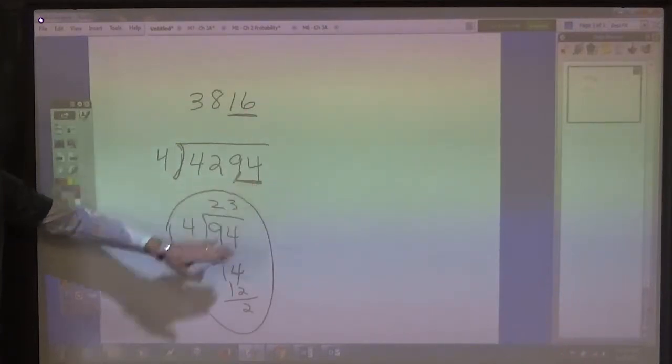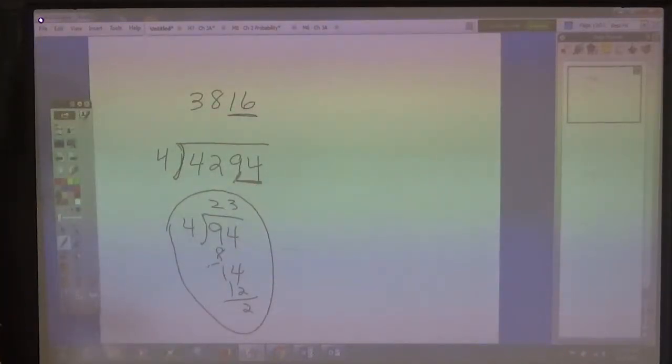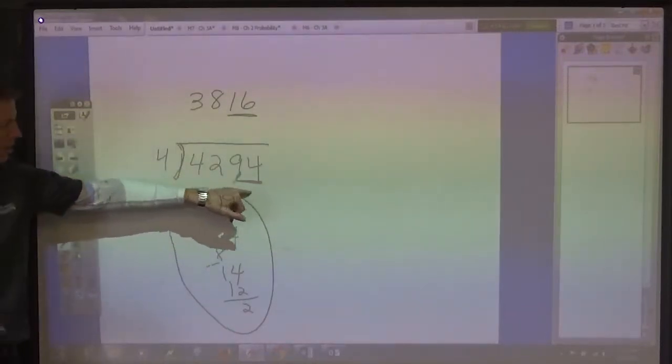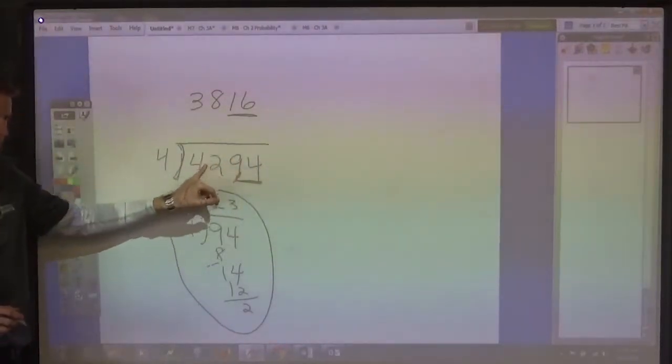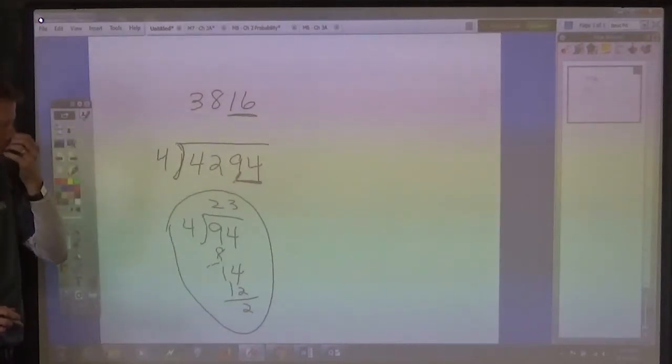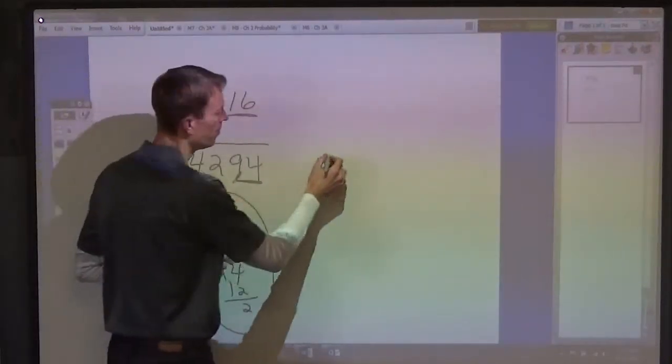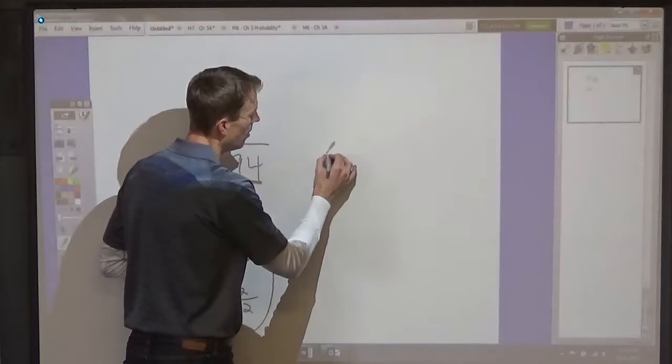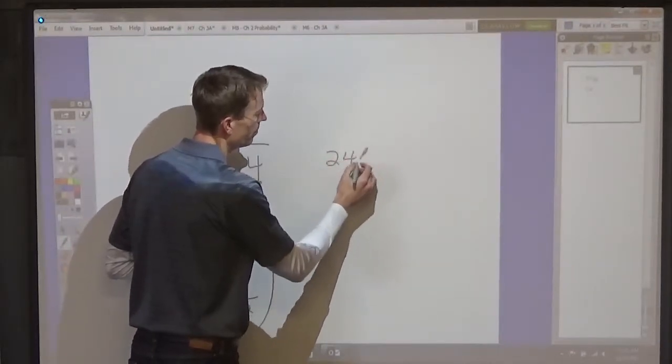Raiden? How would that help you? In dividing, we're answering the question, is this number divisible by 4? How about this number?